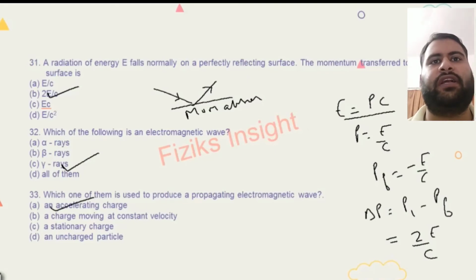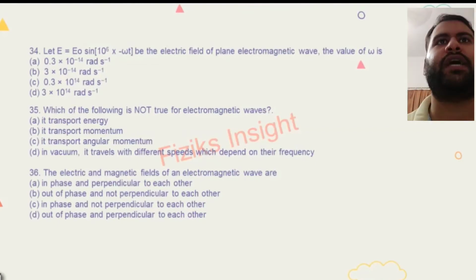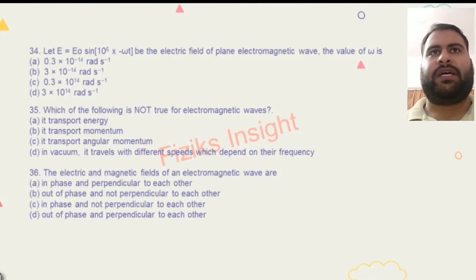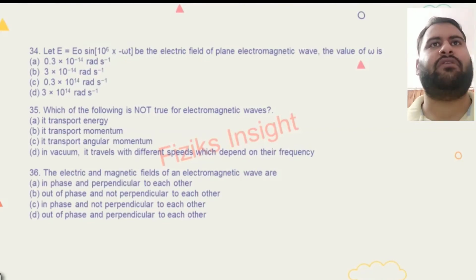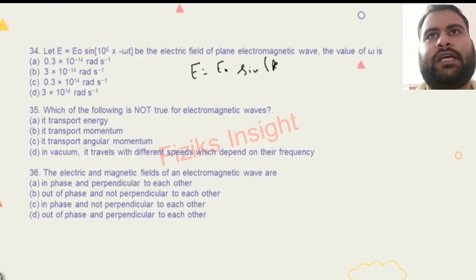Now let's proceed to the 34th question. The 34th question is, E is equal to E naught sine 10 raised power 6 x minus omega t be the electric field of plane wave. The value of omega is, you have to calculate the value of omega. So we know that E can be written as E naught sine kx minus omega t. Now k is here a propagation factor of wave, which is equal to 2 pi by lambda.